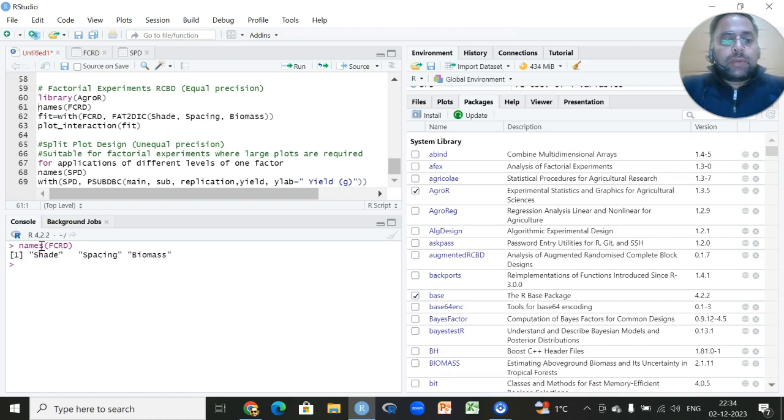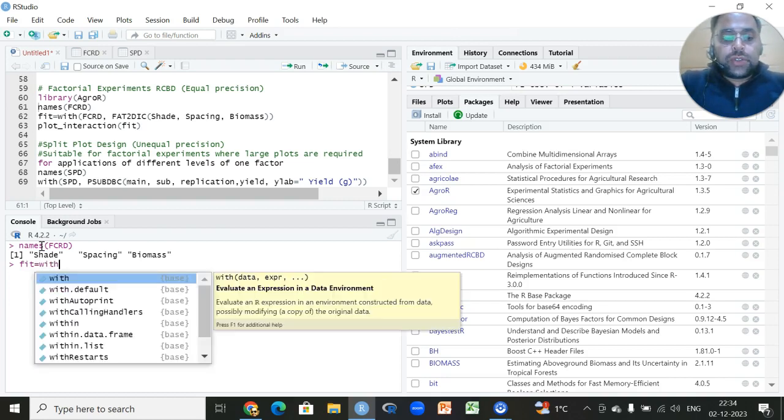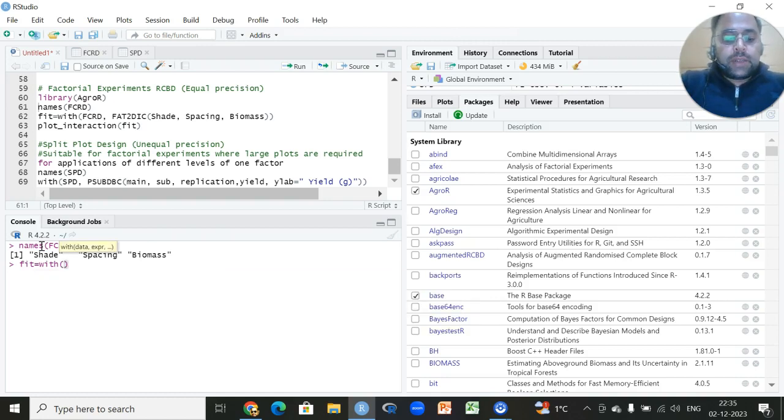To perform the analysis of this design, I will write a name for a function, anything you can write, suppose fit, followed by the assignment operator or the equal sign, then with. This is an inbuilt function used to evaluate an expression, followed by brackets, and within those brackets I write the name of my data set, Factorial CRD.